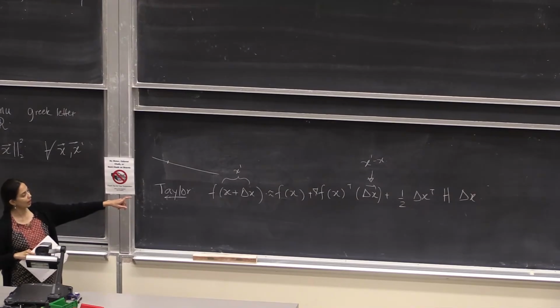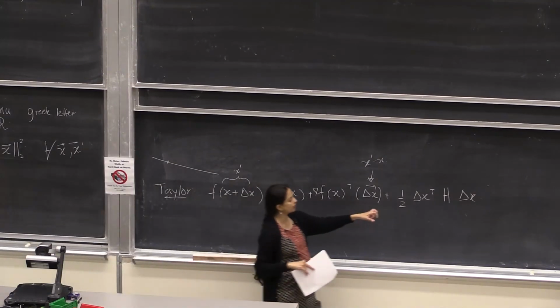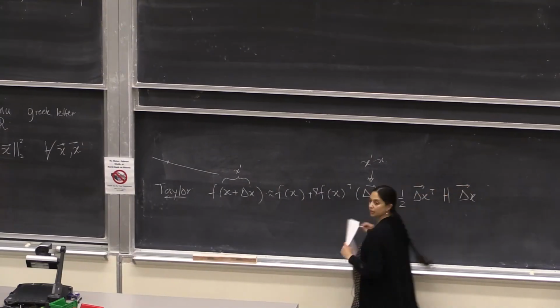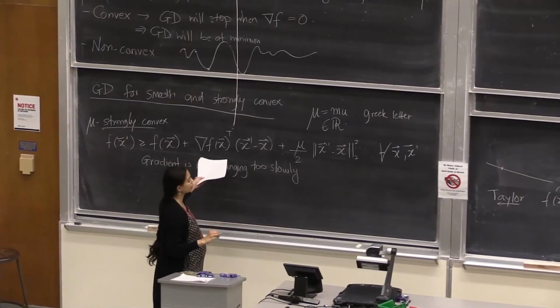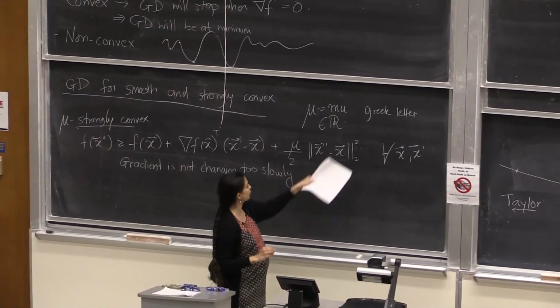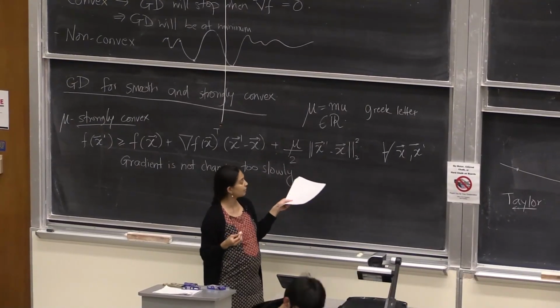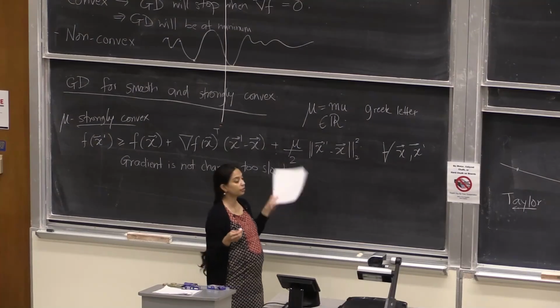So the only difference is in this last term here. And instead of approximately equal, I want to say greater than or equal to this. So I will be greater than or equal to this if my Hessian term is greater than or equal to this term, which I can say by saying that the eigenvalues of my Hessian are greater than or equal to mu.